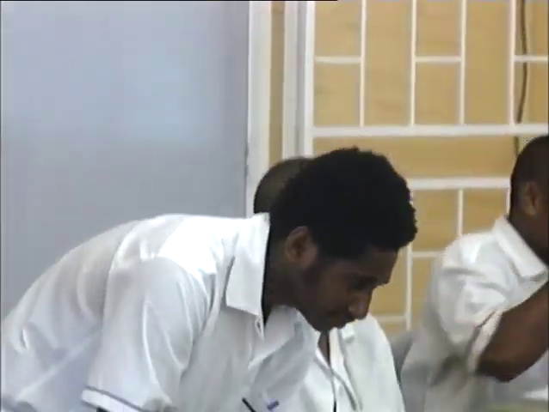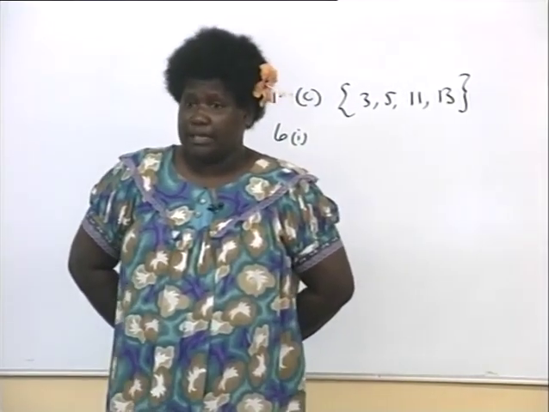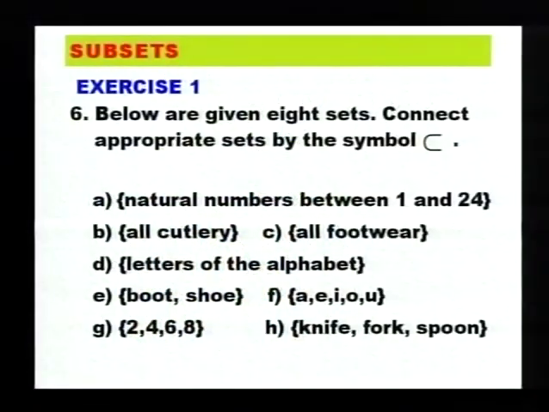G is a subset of A. Good. Because 2, 4, 6, 8 are natural numbers. Natural numbers are counting numbers, and they are included in the set natural numbers between 1 and 24. So that's what you do.